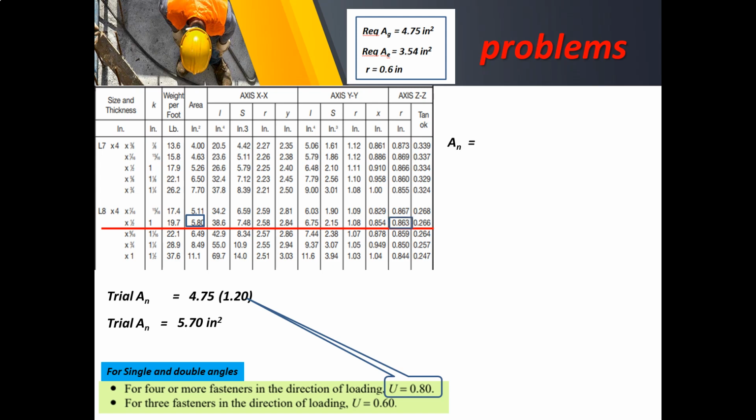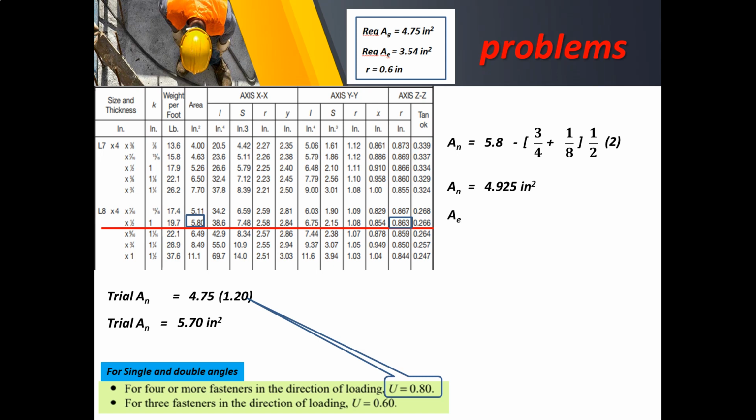So by that, you just have to compute the net area as usual. We have 5.8 less the holes 3/4. We always add 1/8 here. Then multiply it by the thickness 1/2. And there are 2 rows of bolts connection. So therefore, the net area will be equal to 4.925.